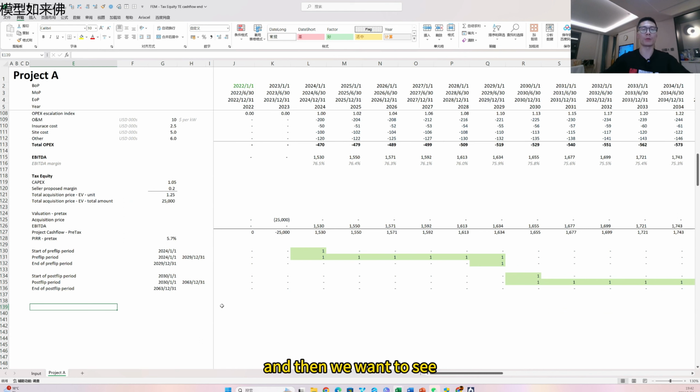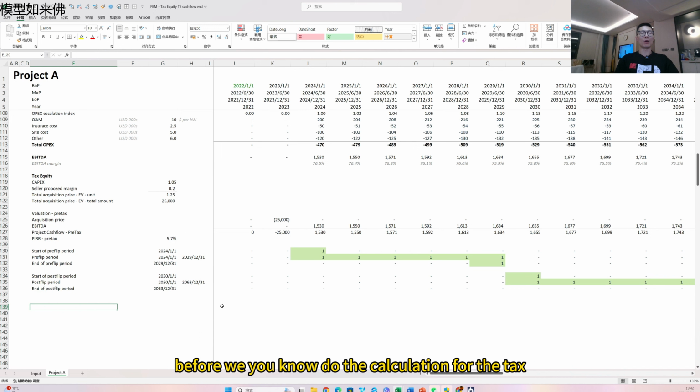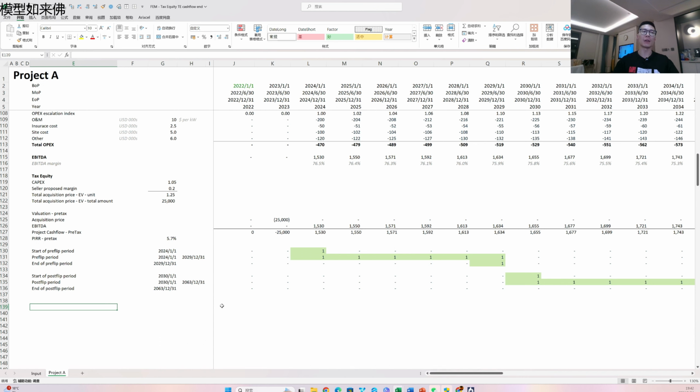And then we want to build up the ITC part. Before we do the calculation for the tax equity investor and also the sponsor, we will need to have the figures about the ITC, the income, as well as the cash flow, which is going to be the EBITDA.